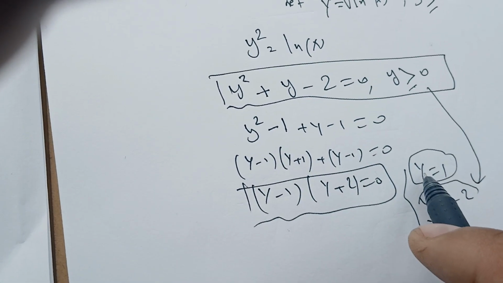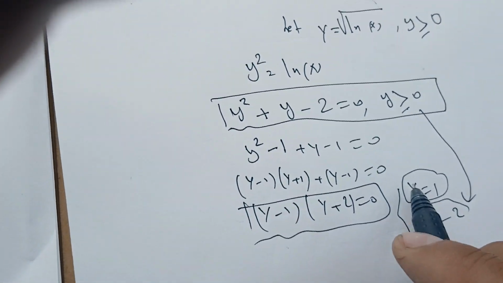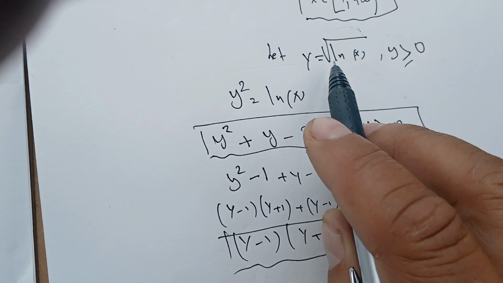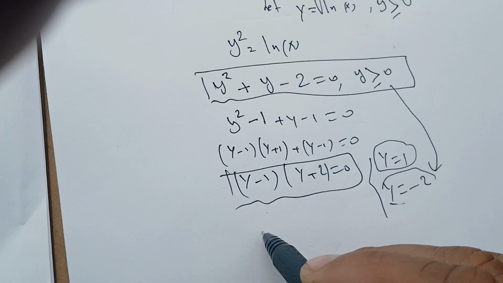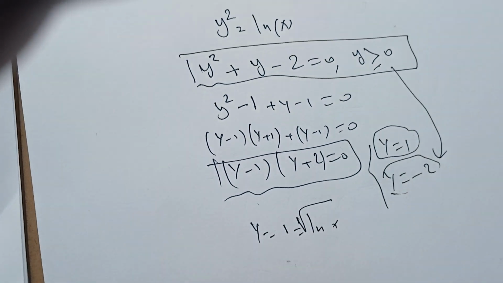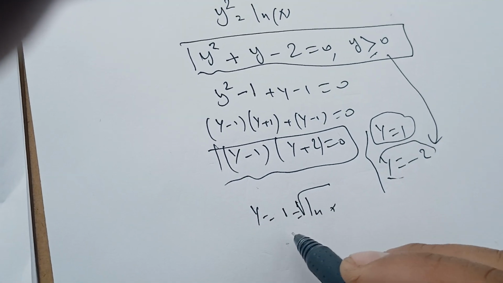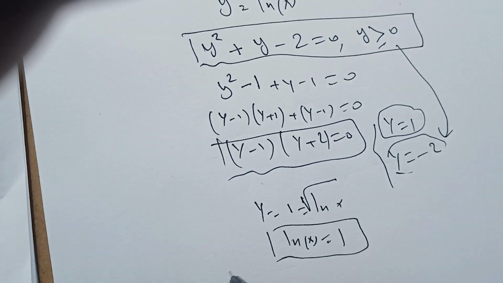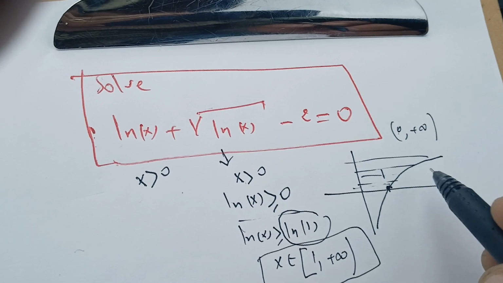Once we have this solution, let's plug it back in. Now we have to solve this system: y equals 1, which is the square root of ln of x. Squaring both sides, we get the natural log of x is 1. When can this happen?